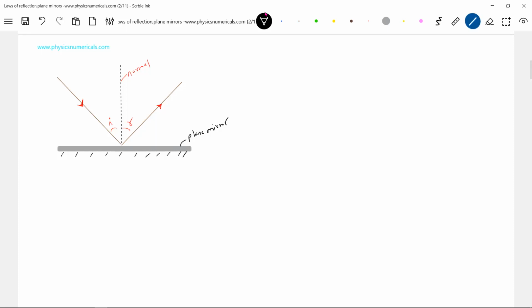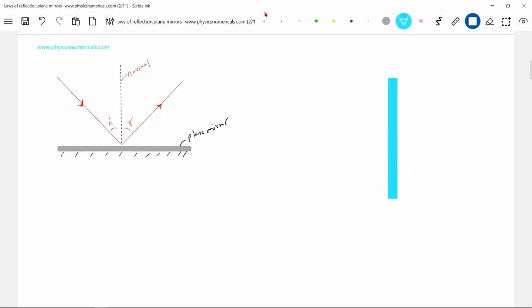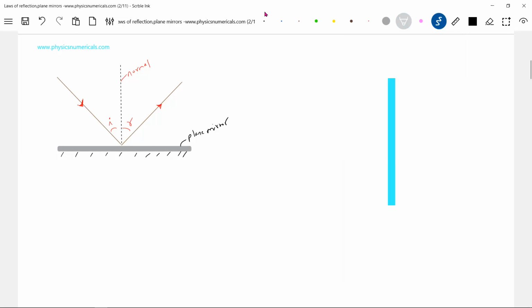So what I do is I will take a glass. Let me show the thin glass. On it I will give a silver or aluminum coating. Okay, silver or aluminum. Let me call this a silver or aluminum coating.